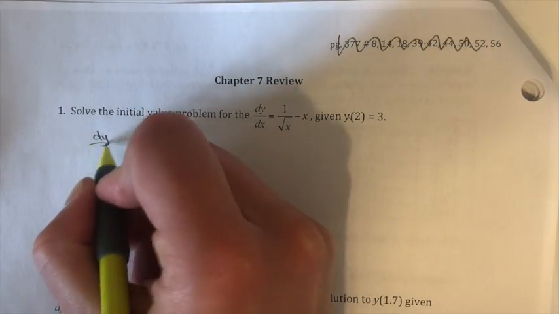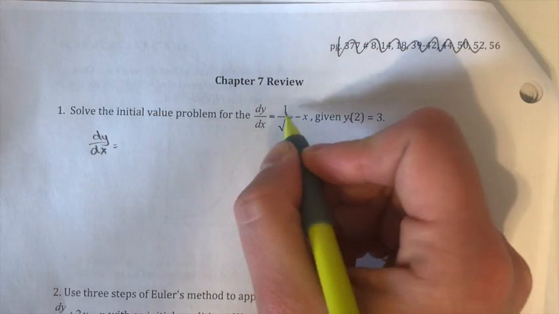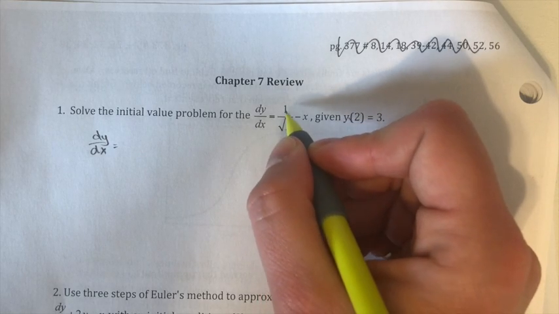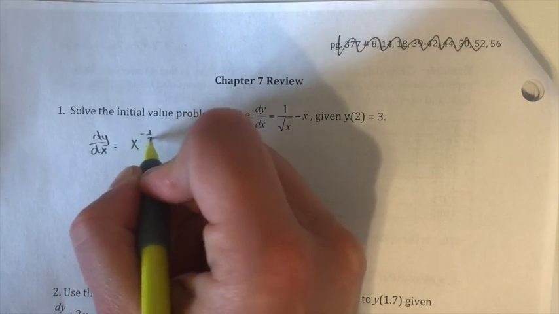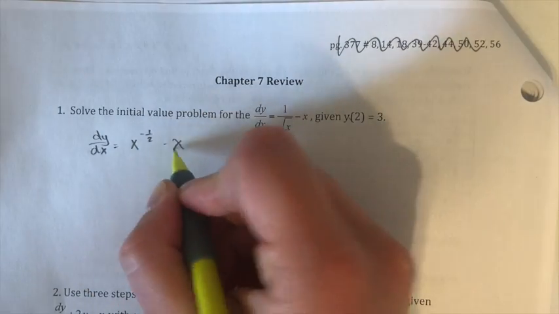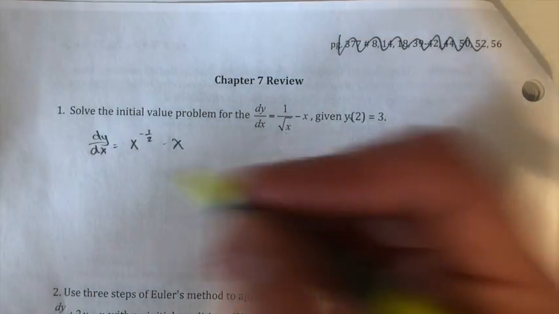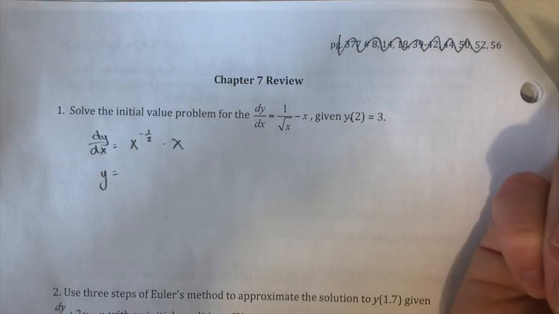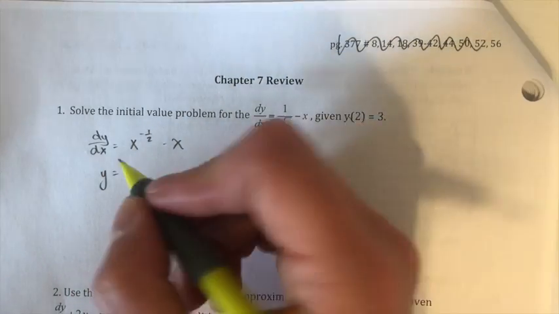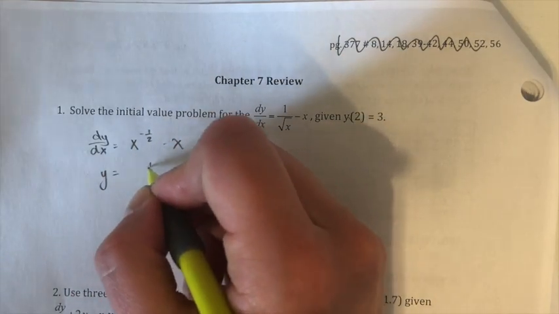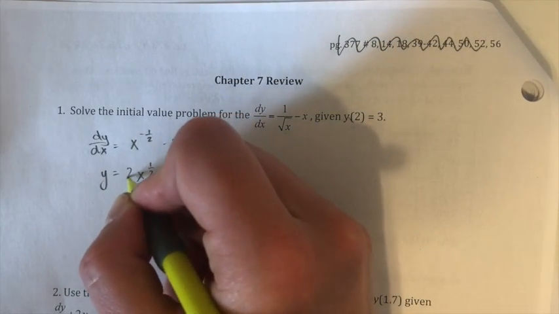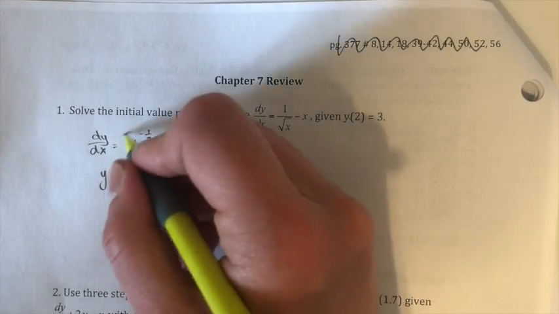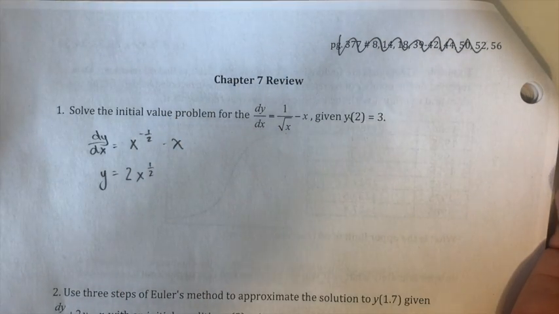So I'm going to rewrite dy/dx. 1 over root x is the same as 1 over x to the 1/2, so I'm going to write that as x to the -1/2 instead, and then minus x. Then if I'm doing the antiderivative, this would have started as a positive 1/2, and then that would have come down and it would have had to multiply with a 2 to make it turn back into a 1.